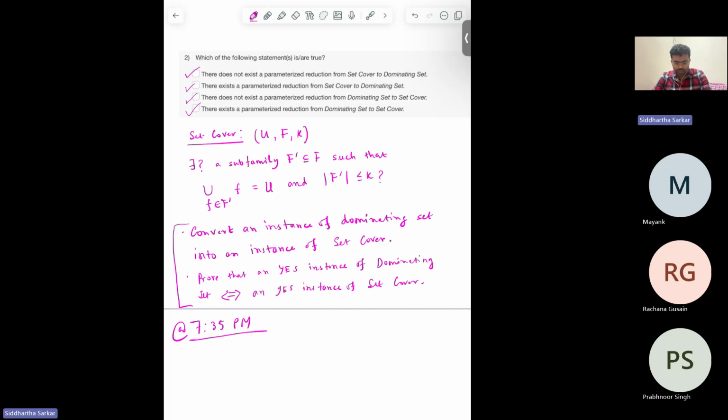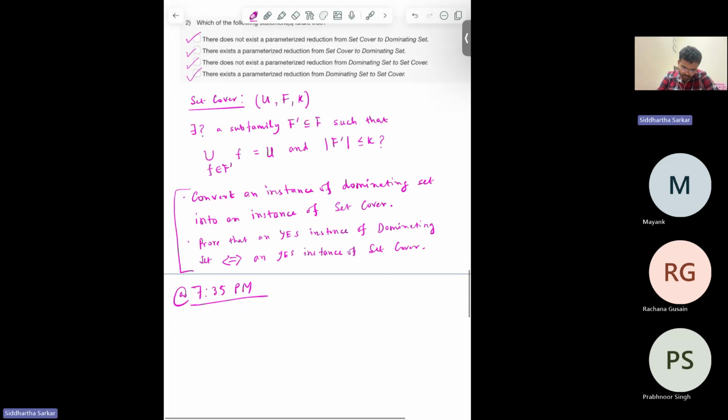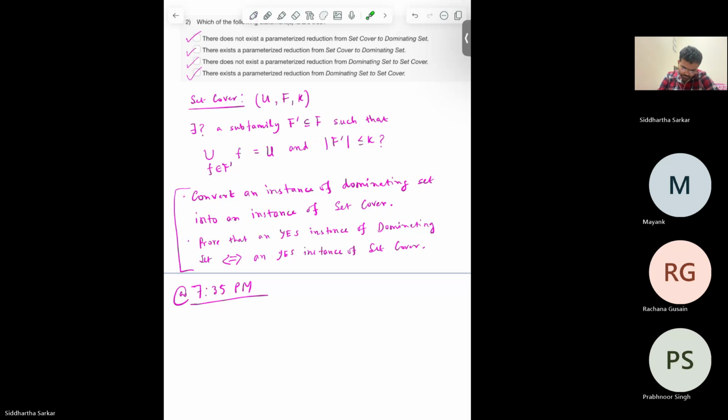So welcome back again. I hope that you had a chance to think about this question. So we'll try to give a reduction. There are two steps to the reduction. The first is to convert an instance of dominating set into an instance of set cover.